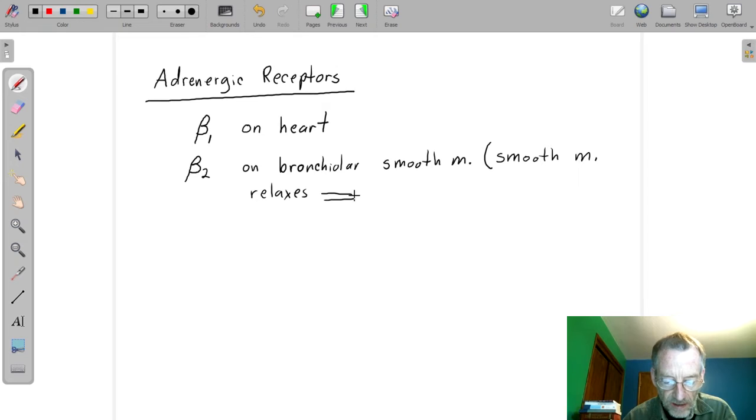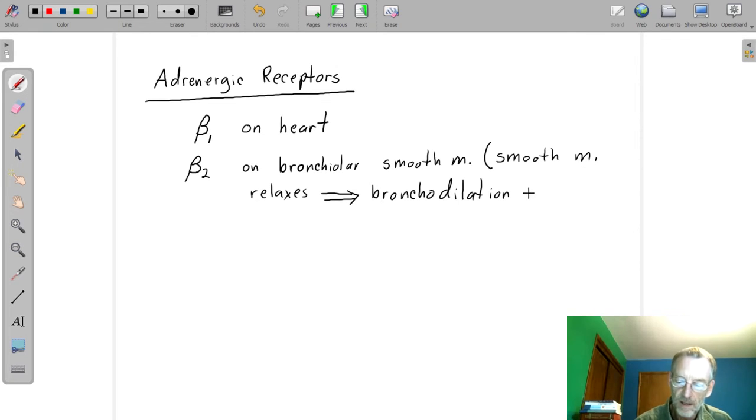And that leads to bronchodilation. Okay, so opening of the airways.